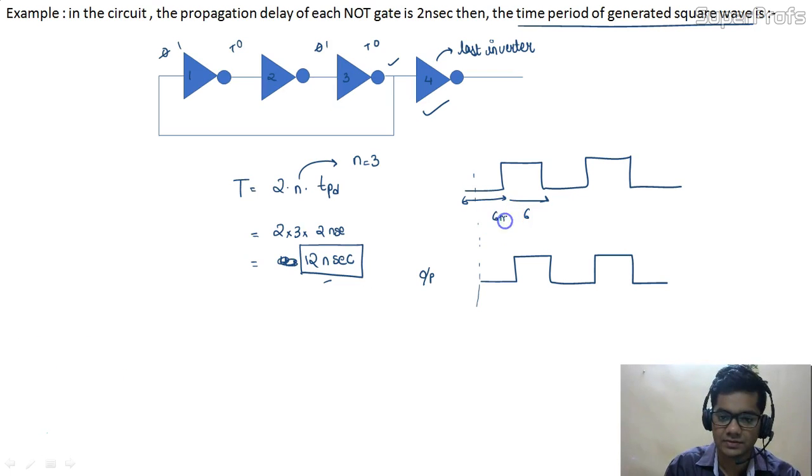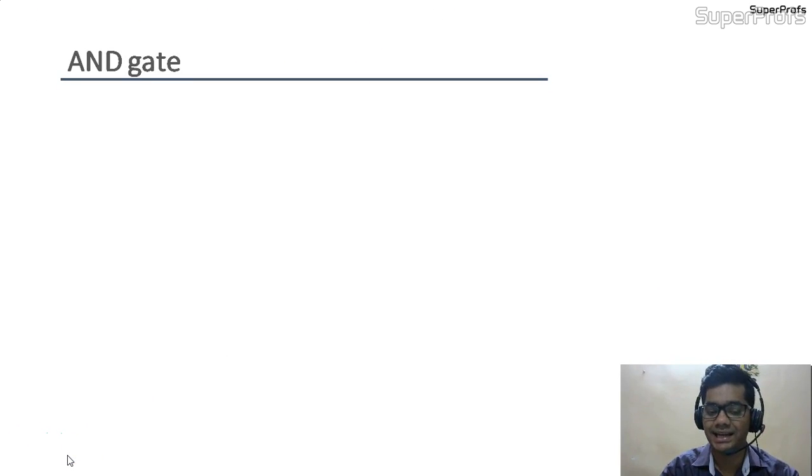This is 6 nanoseconds, and this is also 6 nanoseconds, and there is a delay of 2 nanoseconds. Okay, so now we are going to move towards the AND gate.